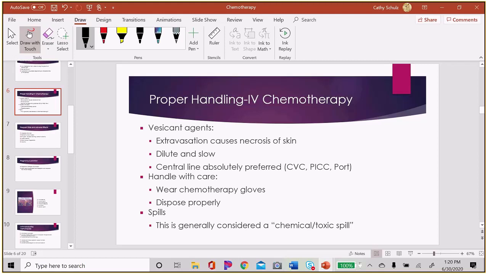And that is why, and this is usually on the exam, when someone is getting chemotherapy, it is desired that they have a central line so that it's in a larger vessel and there's no to minimal chance of there being any issue with burning or damaging the patient's skin.